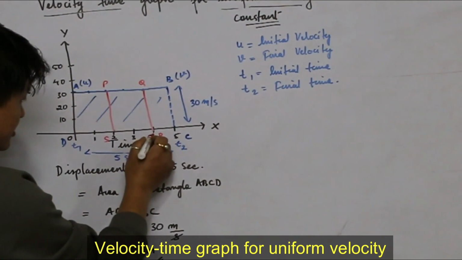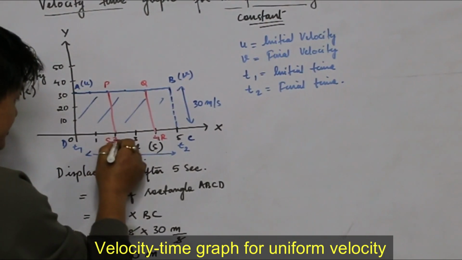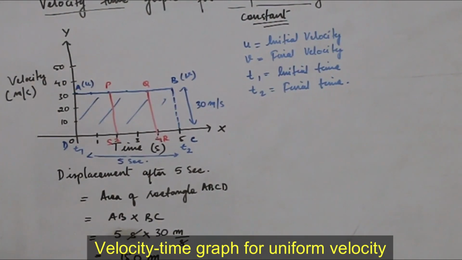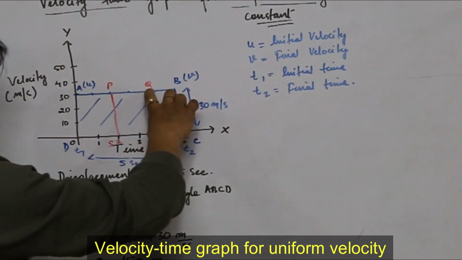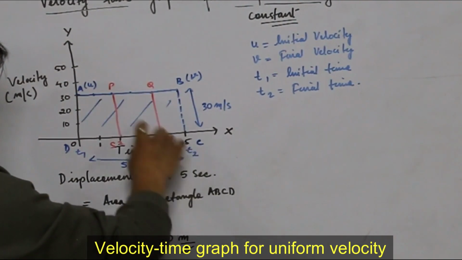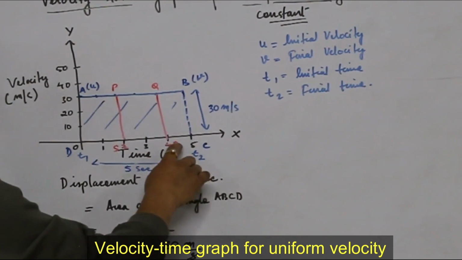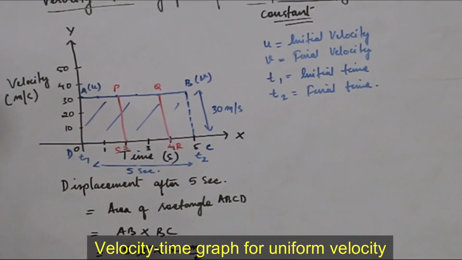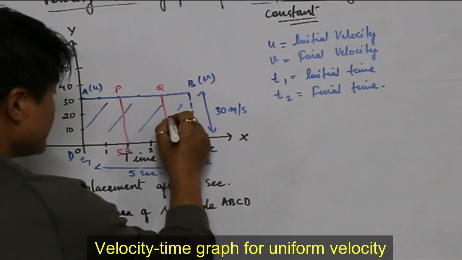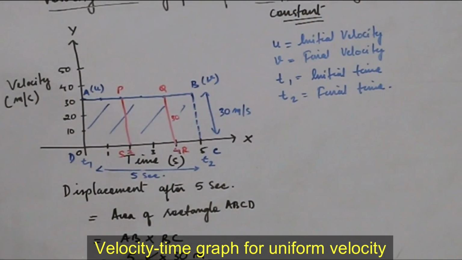So R is on the 4th second and S is on the 2nd second. Now if you measure this distance, PS is equal to QR, and this is equal to AD. It's the same. This is your 30 meter per second.